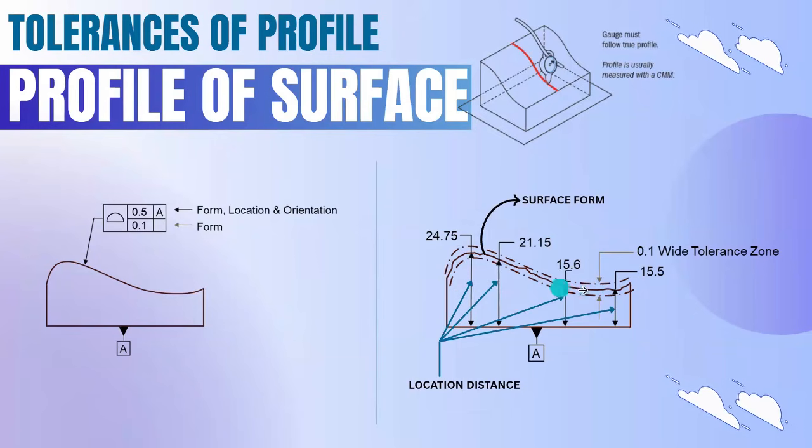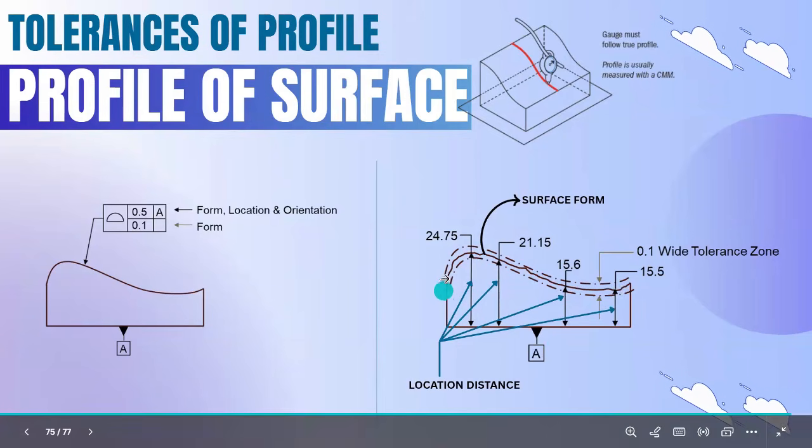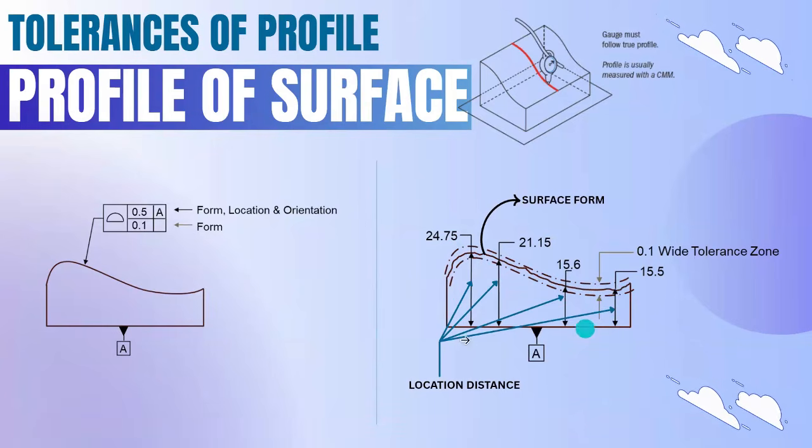And the angular aspect of the part should also be the same in this form. If there is any angular deviation, then it is said to be outside this zone. If the datum is not given, we're only going to consider this shape and form. That's all. No location and orientation will be considered.